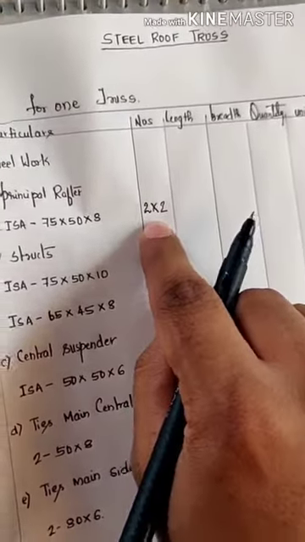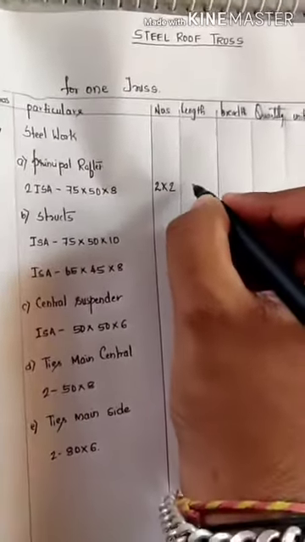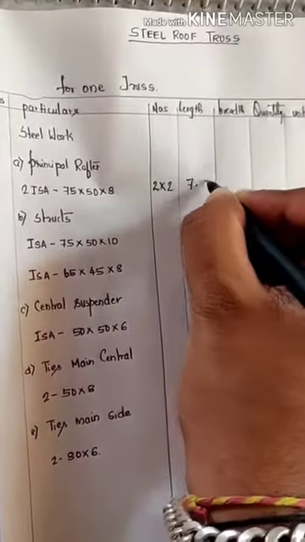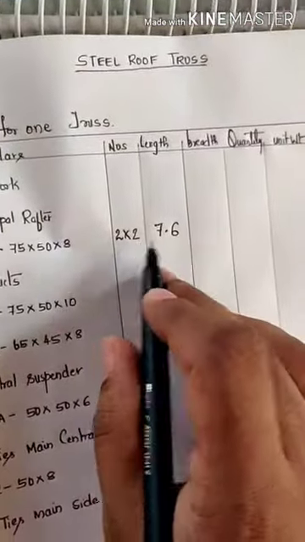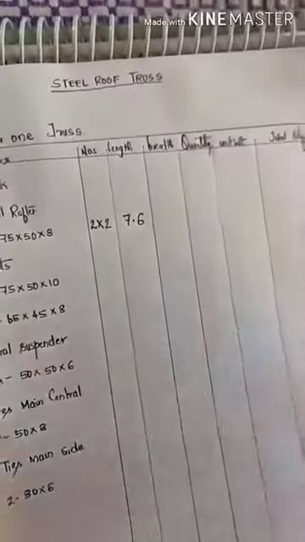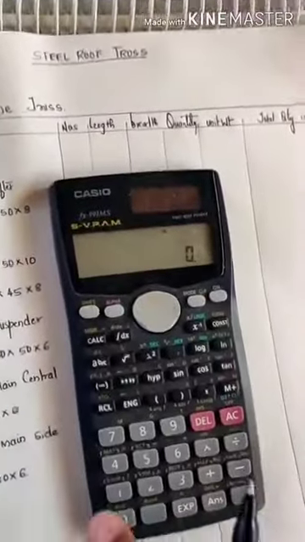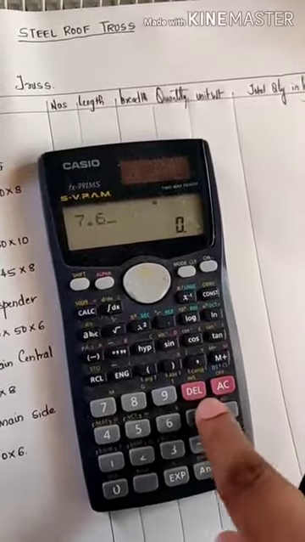Then the length of each principal rafter is how much? 7.6 meter, it is given in the figure. So 2 into 2, 4 into 7.6. Now you need not multiply anything else, 7.6 into 4.